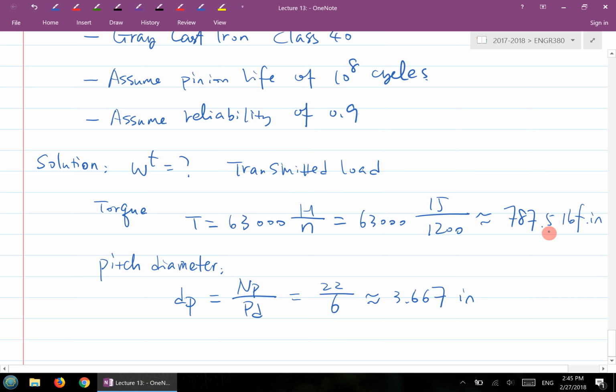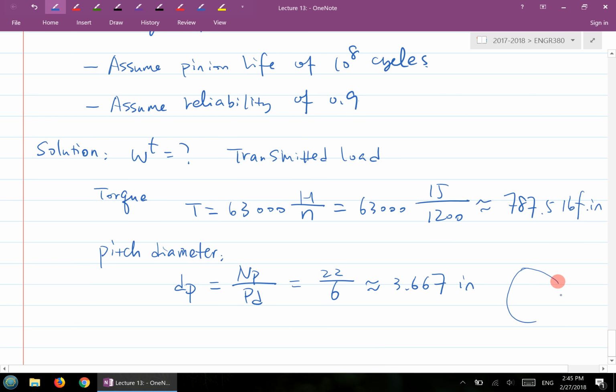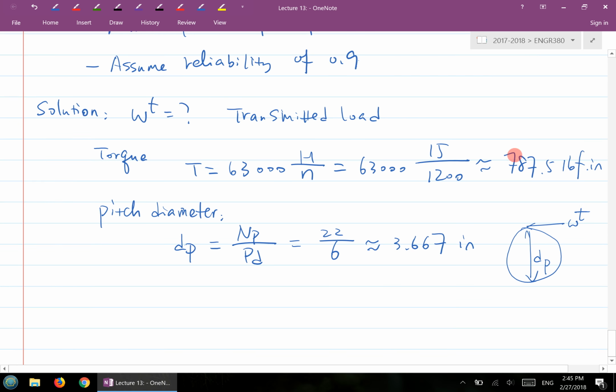So now you have the pinion pitch diameter, and then you have your WT applied horizontally and tangent to the pitch circle. Your WT is equal to the torque divided by half of the diameter, which is the radius.